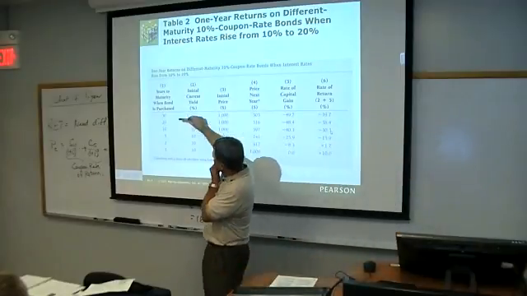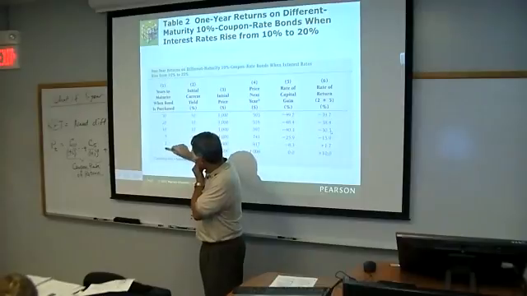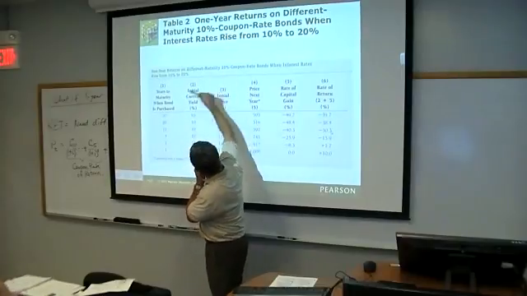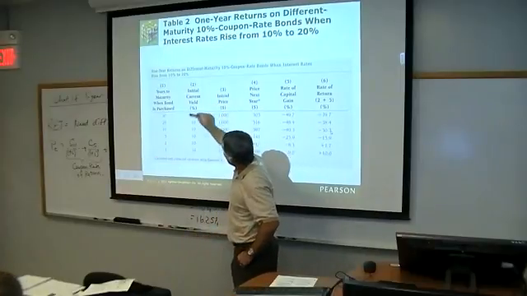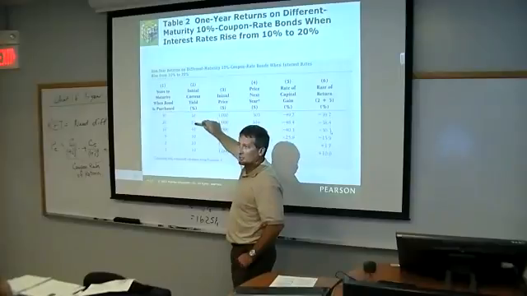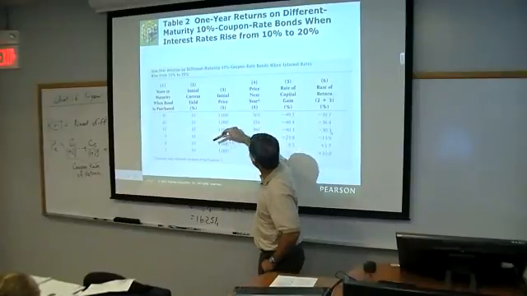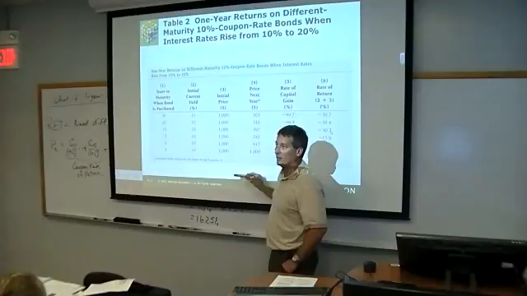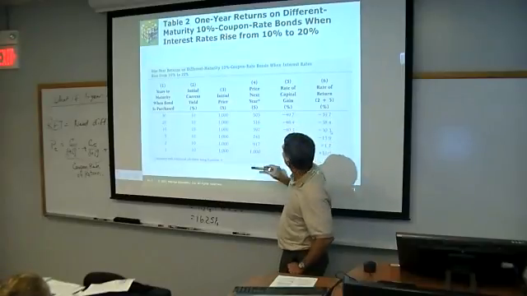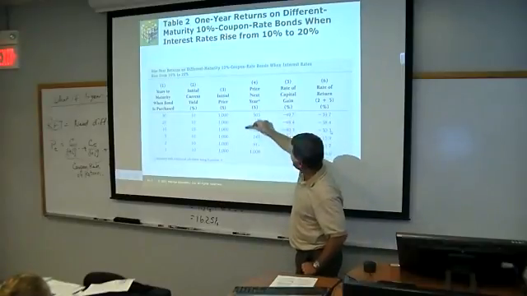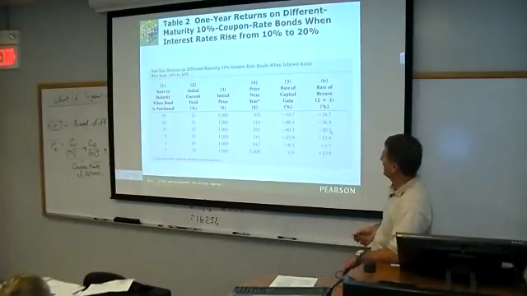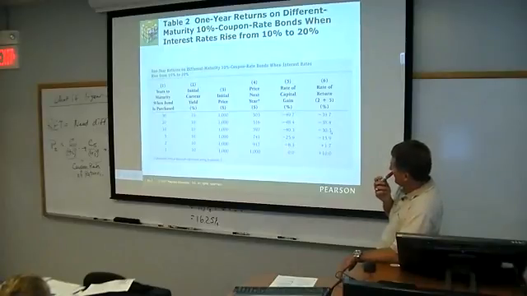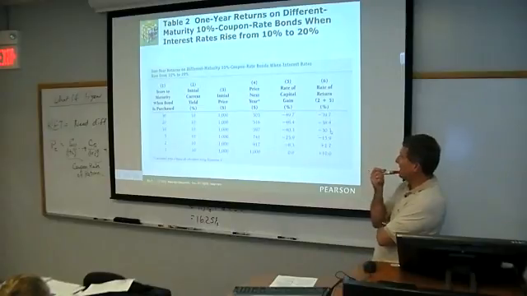Years to maturity: if we're 1 year out or 30 years out, that's the whole purpose of this chart, showing you different maturities. Initial current yield, they all initially started off at 10%. Initial price, all of them were $1,000. Then the price next year is where we get kind of weird on us here. What's going on there? The price next year.